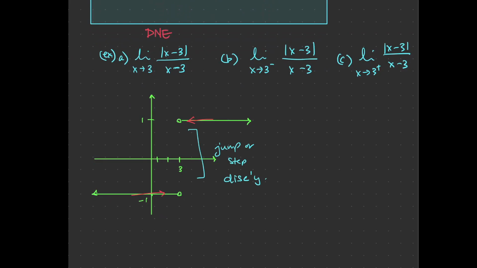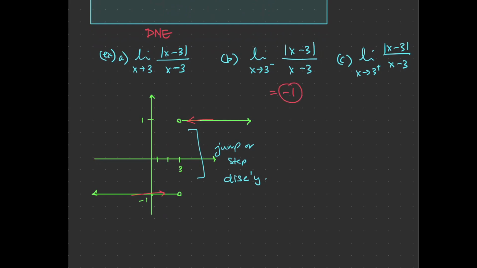And the way that we can prove that, you can do this numerically too, or just plug in values and take a look. If I was plugging in from the left on this one-sided limit, x equals 0 or something like this, you get the absolute value of 0 minus 3 over 0 minus 3 down here. Any one of these values that's less than 3 will cause you to get negative 1. And so the limit as you approach from the left is negative 1.